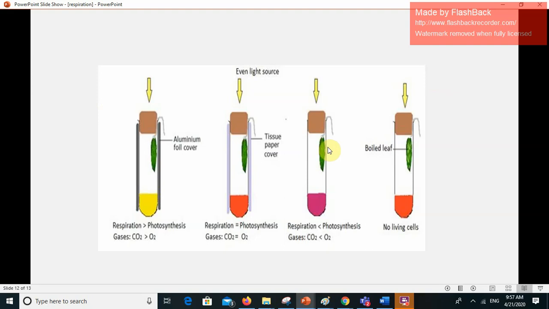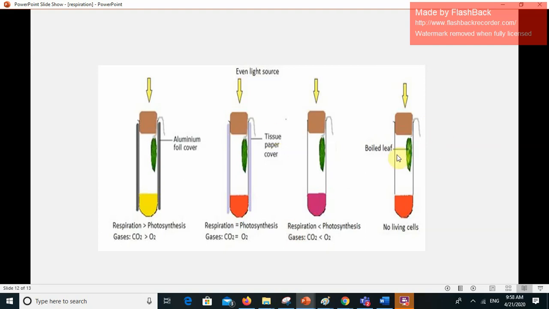But when photosynthesis is mainly taking place, oxygen is the main gas being produced, so it turns the hydrogen carbonate indicator into an alkaline environment, and the indicator changes color to blue in this test tube. When we have non-living things, the same, it stays red.